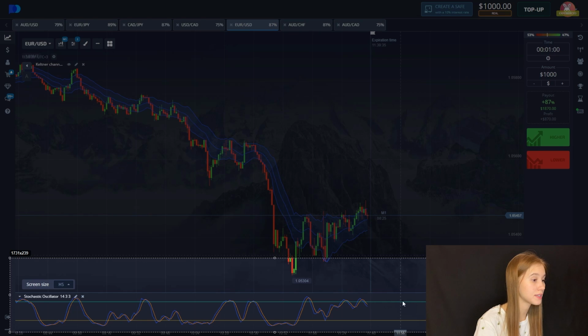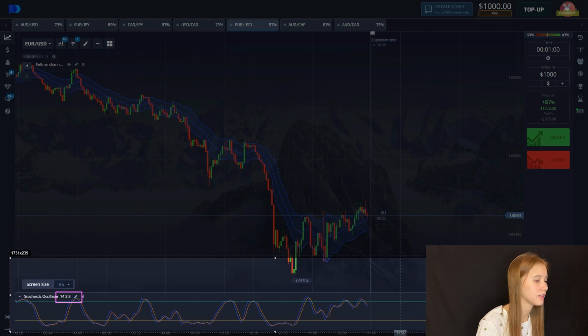It's somewhat similar to the RSI. It has a period and there are two moving lines. The blue line is our signal line and the orange line is the stochastic line. So what is the entry to a trade? What is the signal?